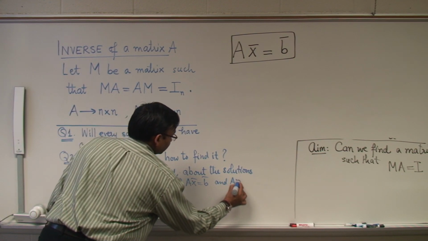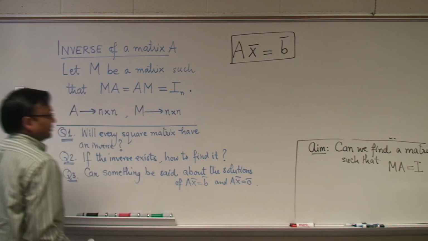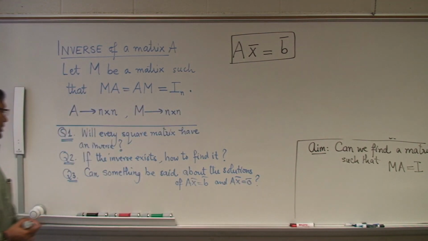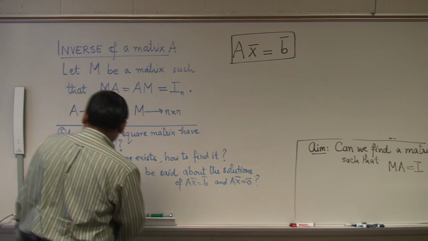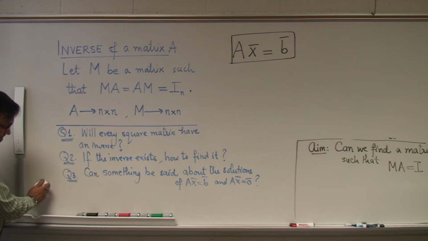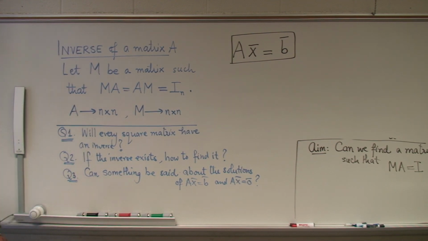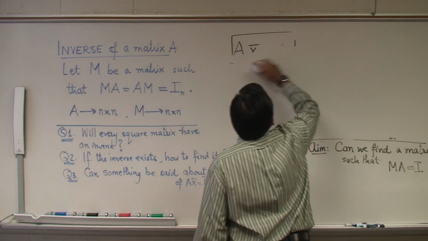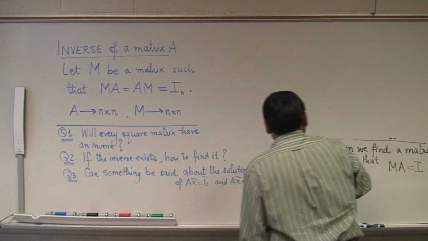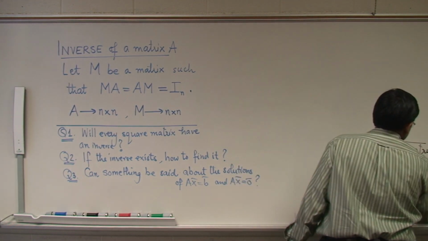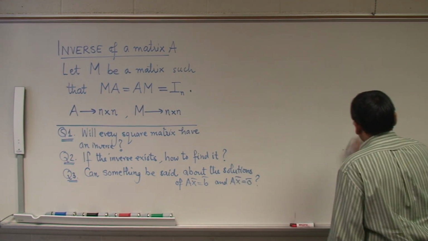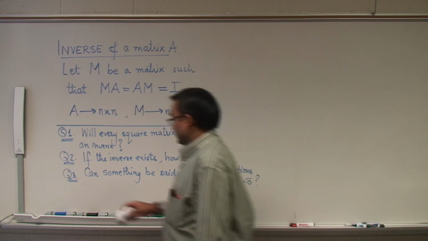One of them is the non-homogeneous, and the other one is the homogeneous system. So can something be said about the solutions of these guys when the matrix is invertible? Okay. So let's see, out of these questions, which one of these we can answer, which one of these we will have to postpone for some time, or maybe which one of these are difficult to answer at this stage.